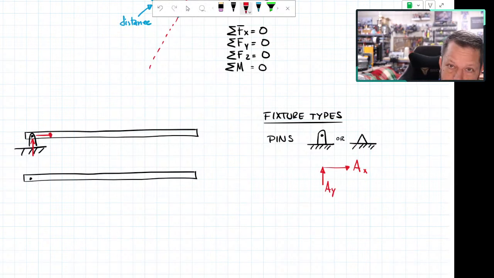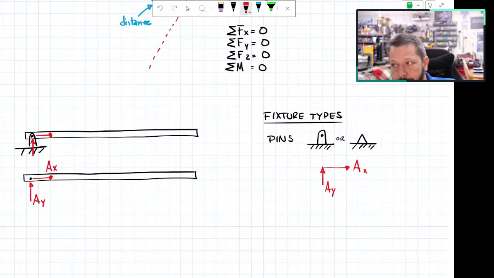So it's got to be free, and that means I've got to take it loose from the pin, and I've replaced the pin drawing with the reactions that the pin was providing. So it would look like that. It would look like I have these forces, AX and AY. That's what the pin is doing.